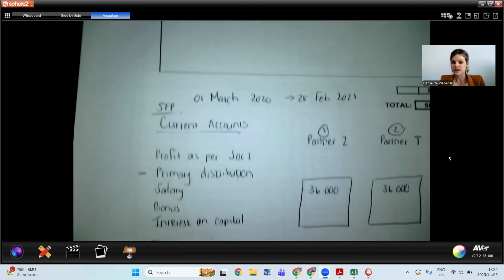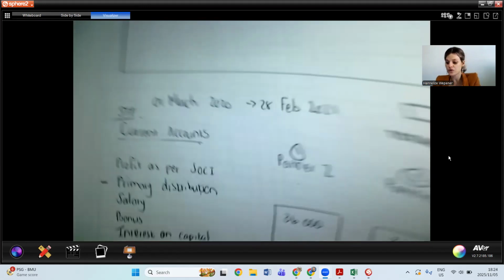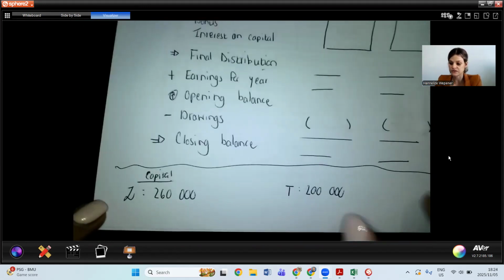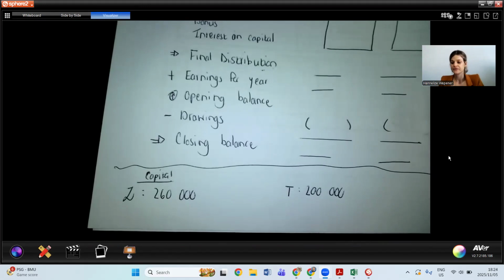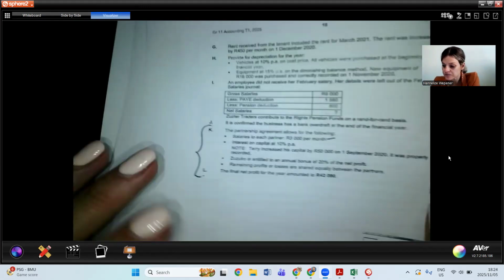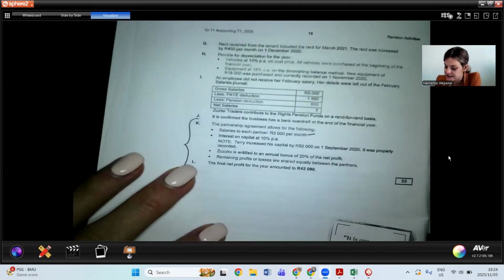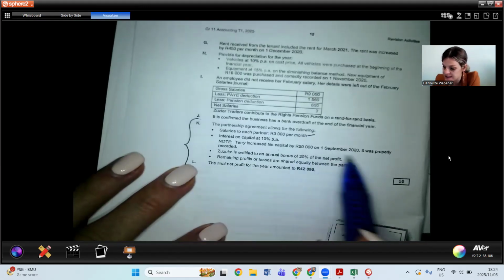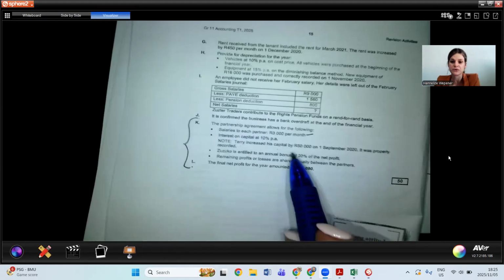Okay, so they are now saying that for this one partner, he changed his capital contribution throughout the year. And what he did is that he decided to increase it, and this was properly recorded.